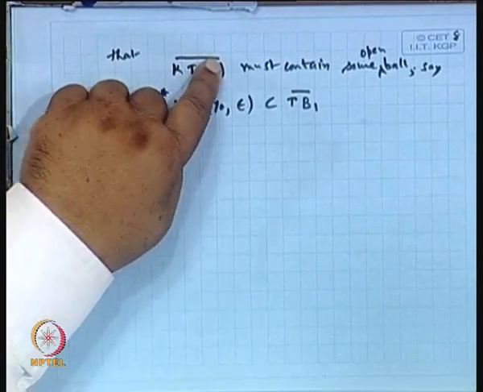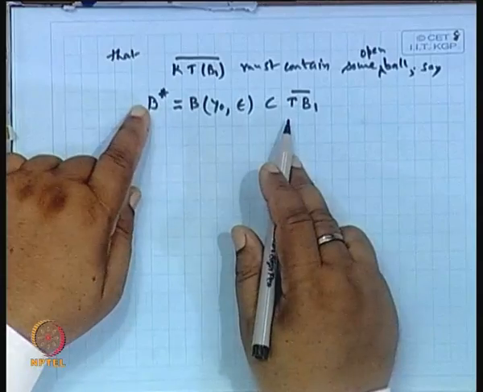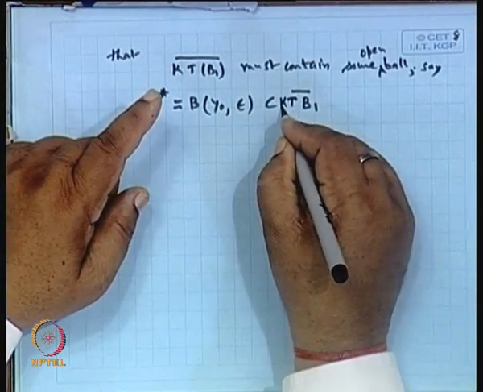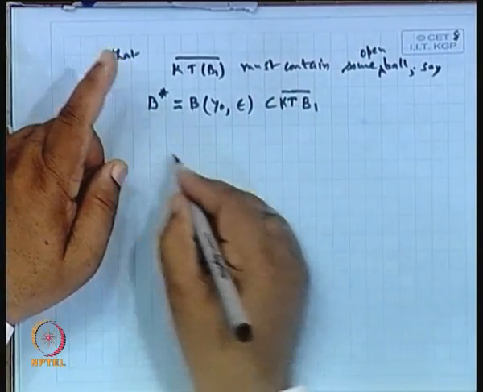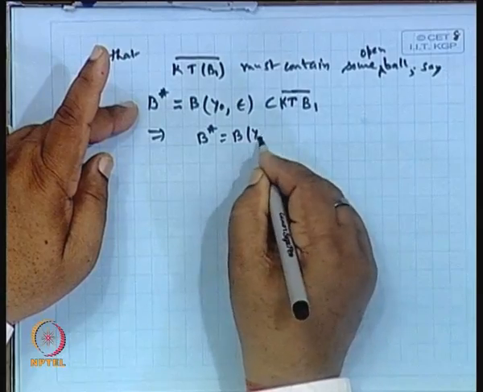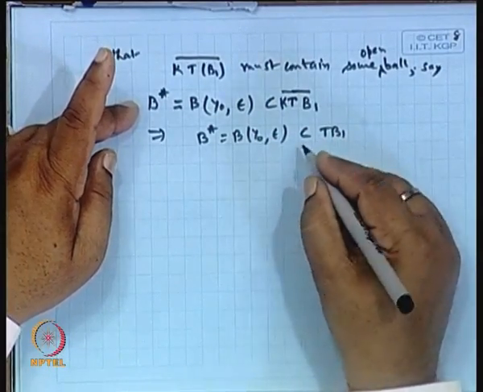Since K times T B 1 must contain an open ball, let it be K. Then this implies the ball B star, which is V by mu naught epsilon, is contained in T B 1 closure.